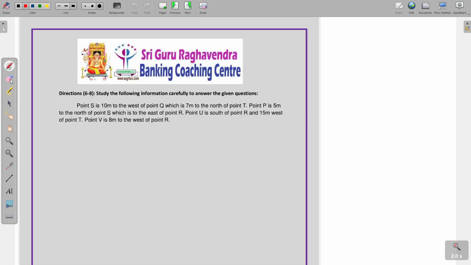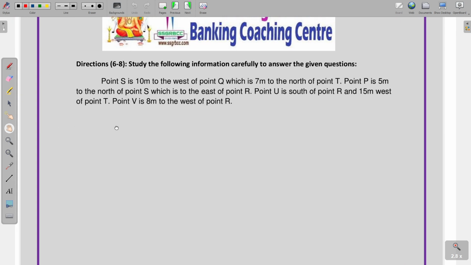See the questions 6 to 8, directions. Point S is 10 meters to the west of point Q, which is 7 meters to the north of point T. So just wait.